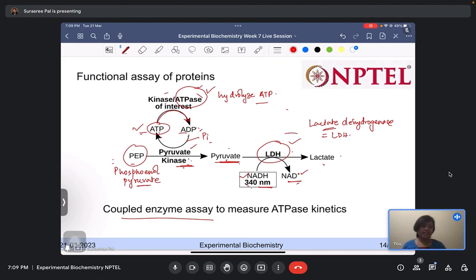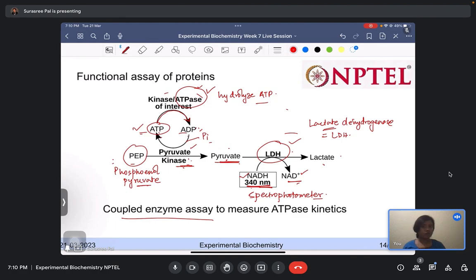Now, NADH gives an absorbance at 340 nanometers, and the absorbance of NADH can be detected by a spectrophotometer. So here we use a spectrophotometer and perform this assay in the cuvette of the spectrophotometer.